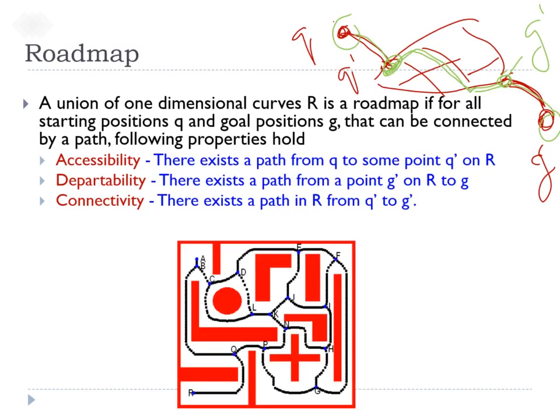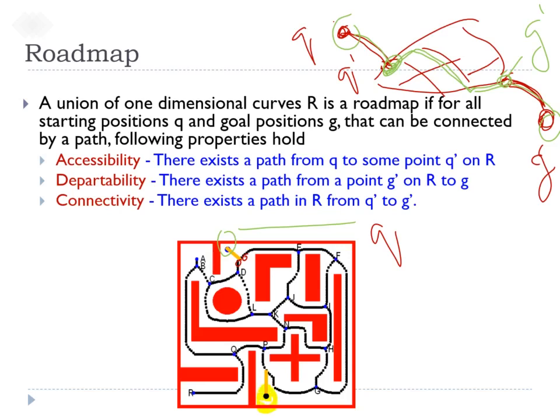Here is an example showing a roadmap. So this is the point which is the starting point. That is, you can call it Q. And this point which is shown is Q prime. Then you have a destination point, as you can see here.